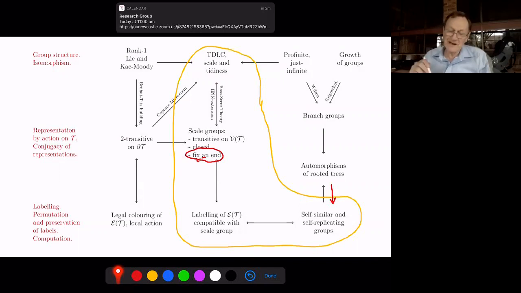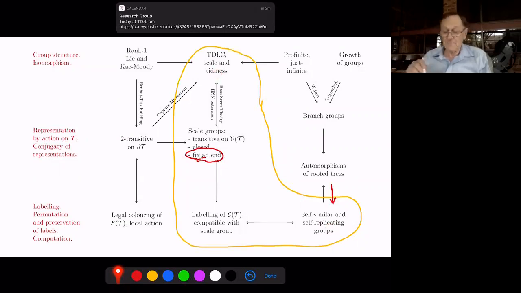And related to that is a question that you and I are interested in, Slava, whether if we take your self-replicating group, the group you originally constructed, the first one, and the closure of that, that will give us a closed self-replicating group that can be extended to give us a scale group.